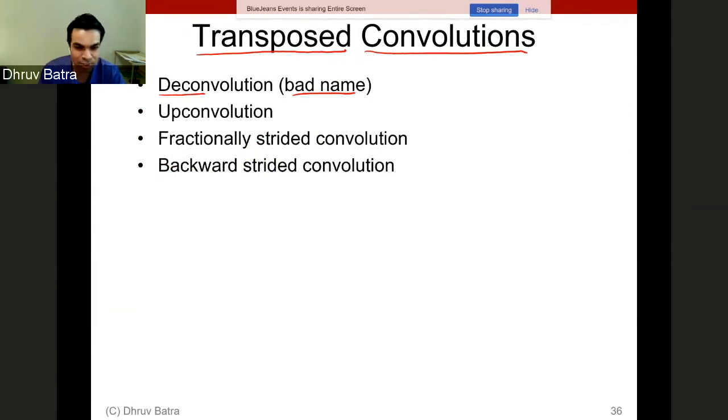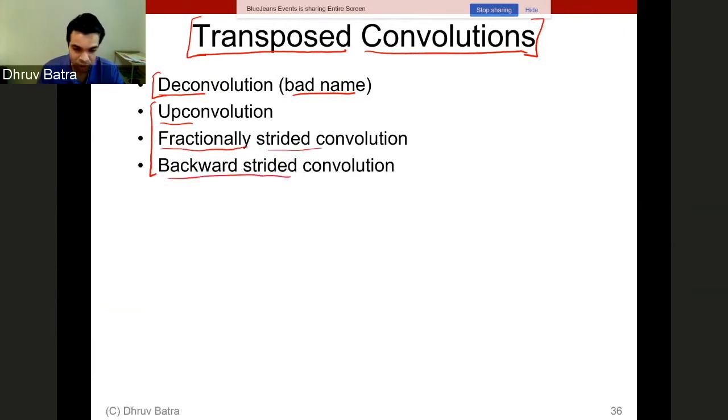It's not actual deconvolution. So if in deep learning papers you see the term deconvolution, know that what they are actually talking about are transposed convolutions, which is the formal name for this. You will also sometimes, with less frequency, hear terms like upconvolution, because it's a convolution-like operation whose goal is to do upsampling. You will hear terms like fractionally strided convolution, which will be clear once you know the operation.